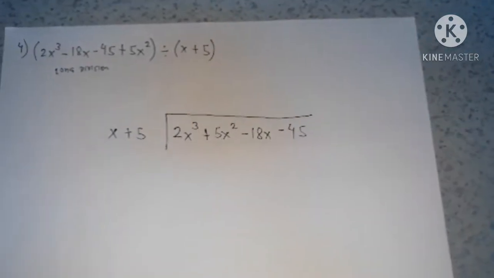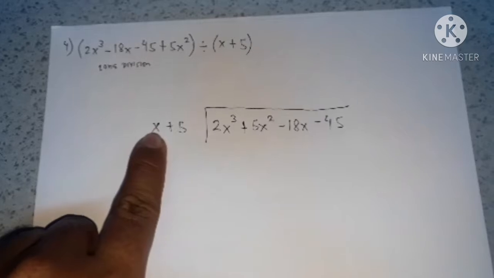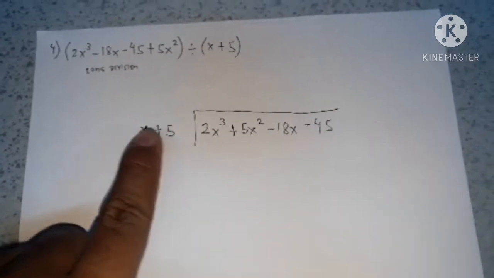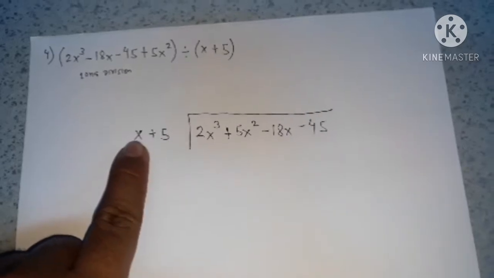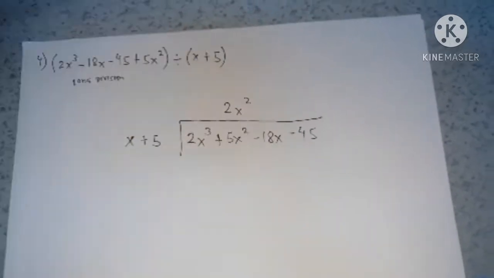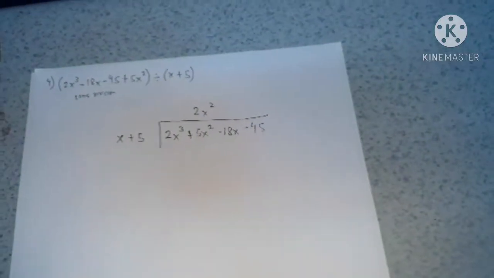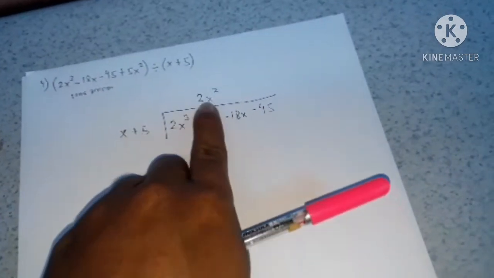Okay, so first step, divide the first term of the dividend by the first term of the divisor to get the first term of the quotient. So you have 2x cubed divided by x, that is equal to 2x squared. Ayan, so paano nangyari yun? You have again 2x cubed divided by x. Paano siya naging equal sa 2x squared?